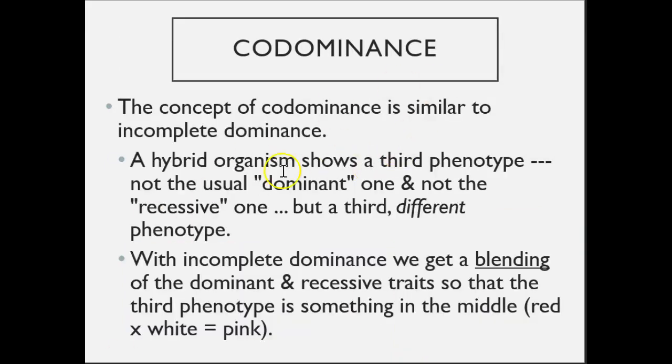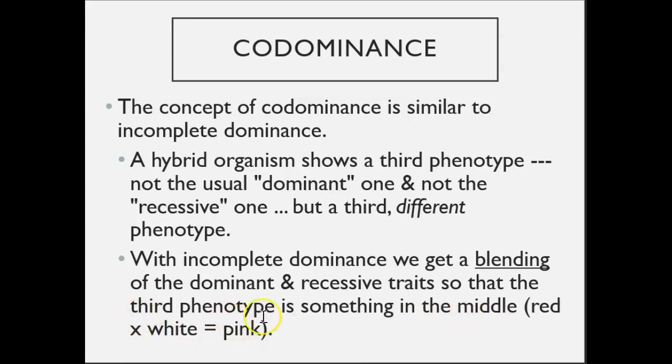Okay, so it's very similar to incomplete dominance. The hybrid shows a third phenotype. The only difference is that the third phenotype is not a mixture, and it's more of something in the middle where you see spots.